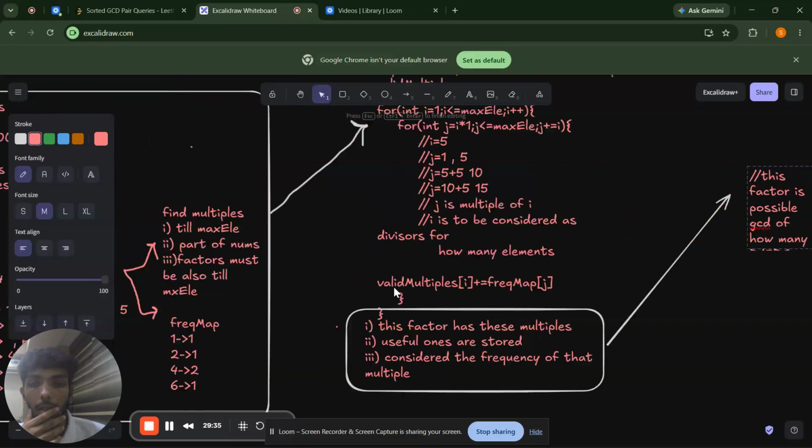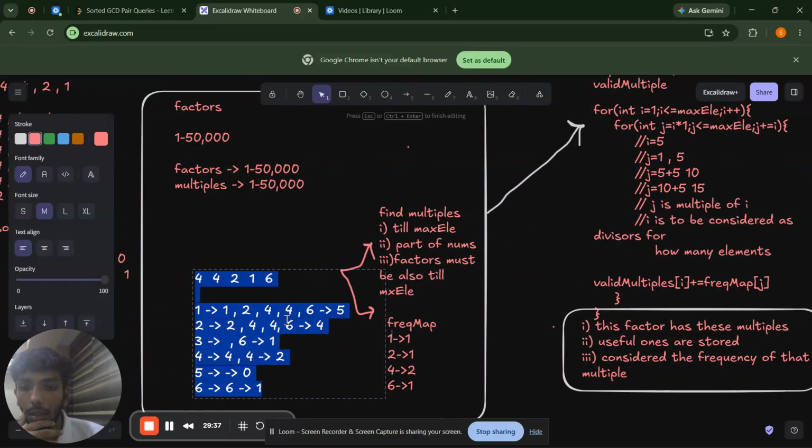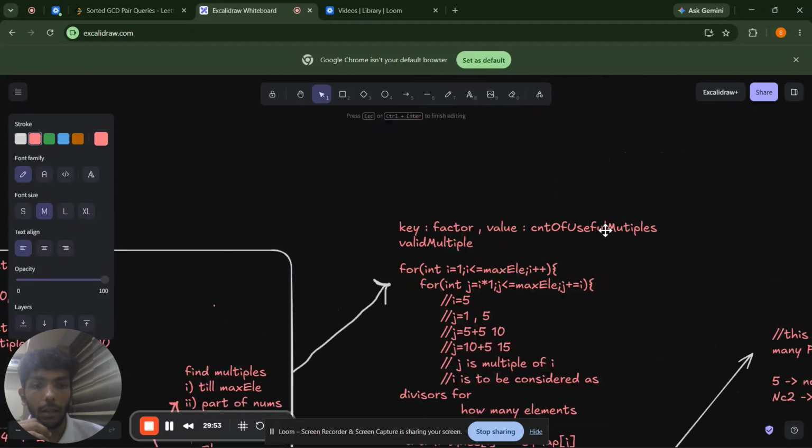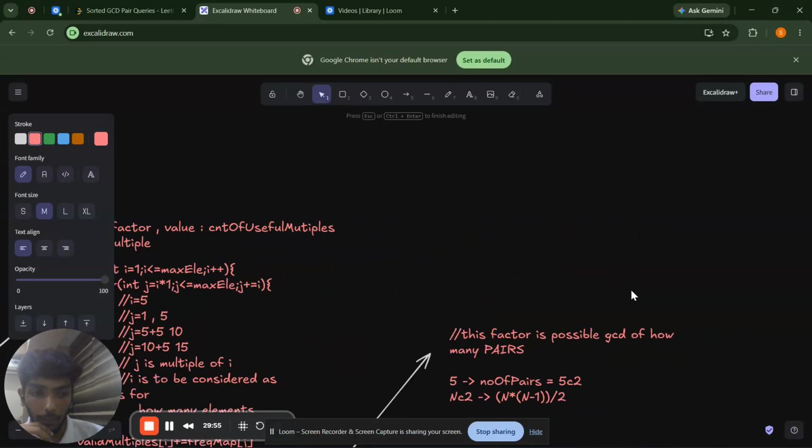So here we have 1, here we have 5. Why don't we find out the number of pairs just by applying the nC2 formula over this, which here is the value part, like the count of useful multiples.